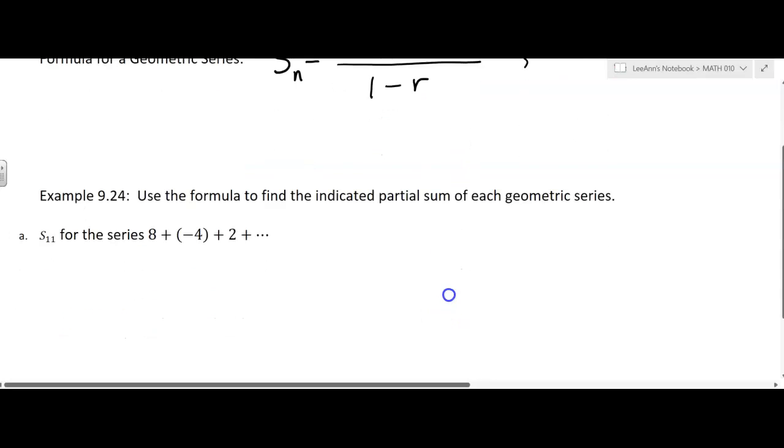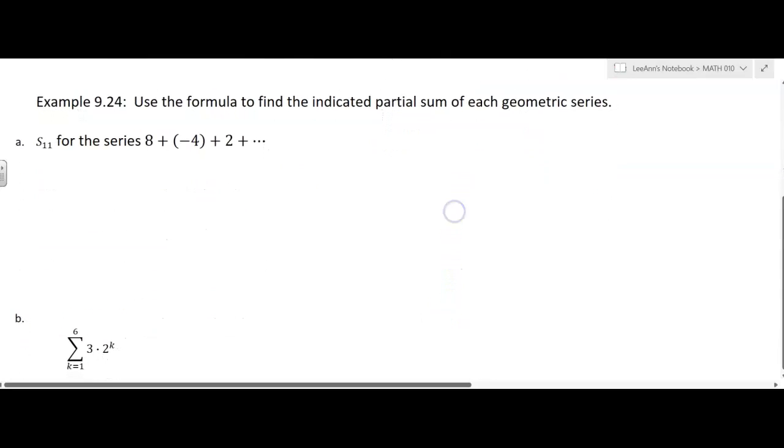Okay, so now what do we have here? Use the formula to find the partial sum. So they want us to find S sub 11. That means n is 11. And we know the first term, that's 8. So A sub 1 is 8. Sometimes it's helpful to have a little chart of all the information you know.